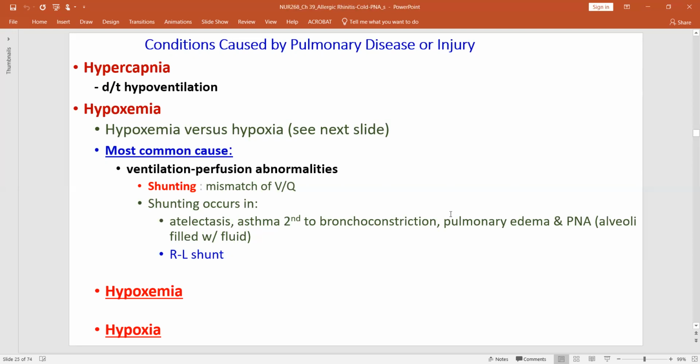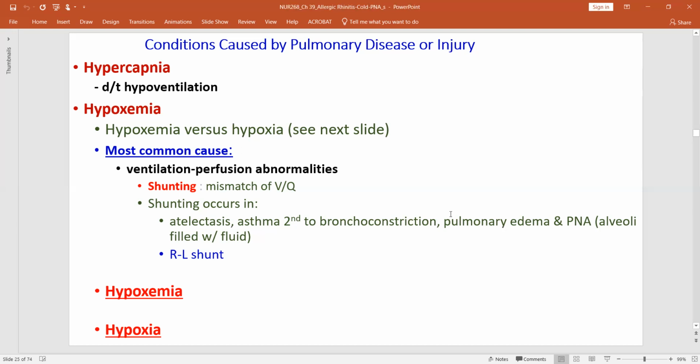Shunting would occur in atelectasis, asthma secondary to bronchoconstriction, pulmonary edema, and pneumonia, in which the alveoli would be filled with fluids, so they will make a barrier for gases to exchange between the blood vessels and capillaries and the alveoli.